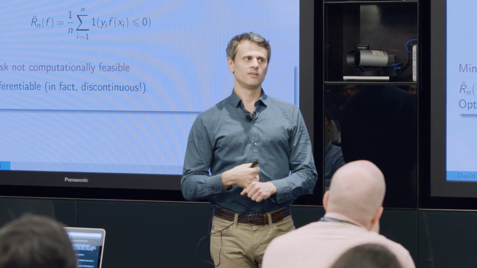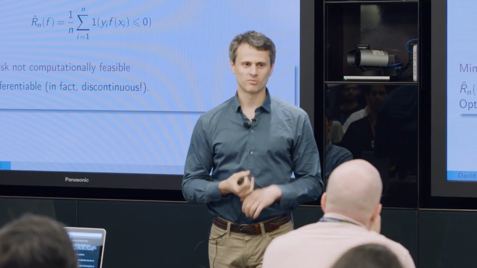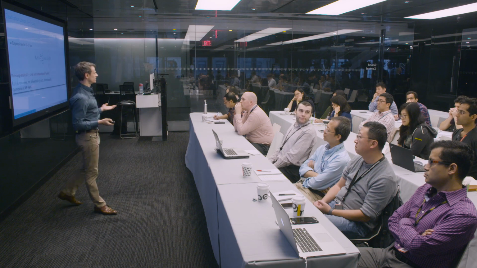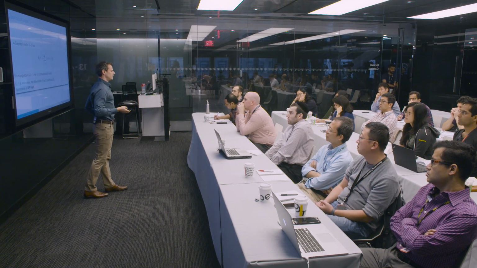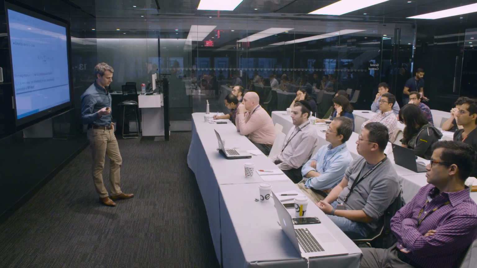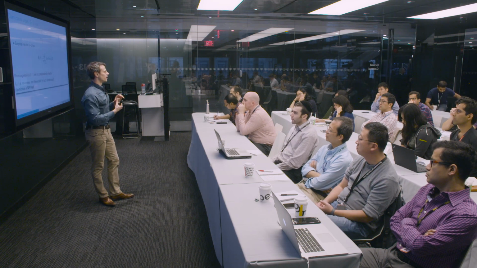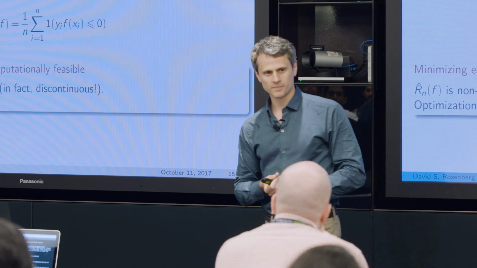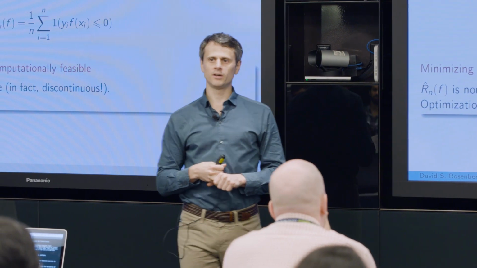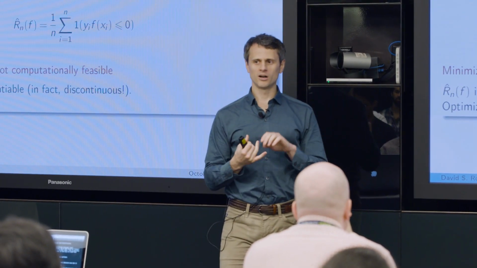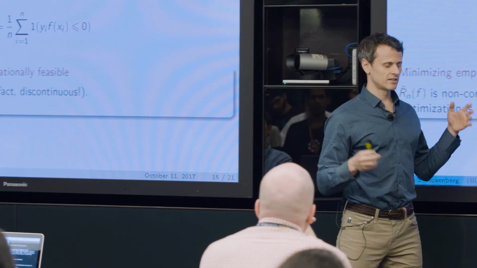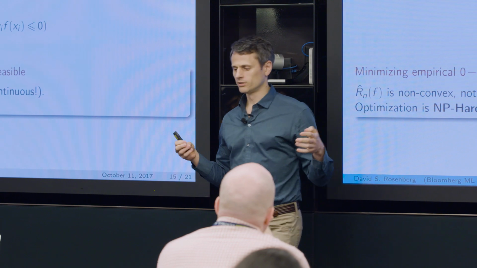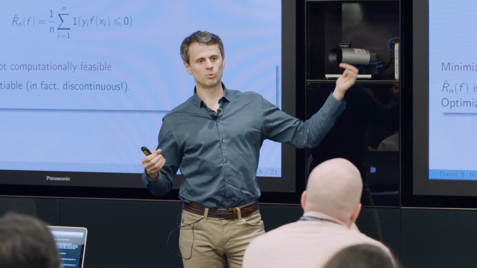Is there any justification that what you end up with actually works in terms of the 0-1 loss? There is a very nice piece of theory on that. The thing to look for is the notion of a classification calibrated loss function, and it turns out that the losses we talk about are classification calibrated. So in some sense, optimizing these surrogate losses will lead to things that perform well in terms of 0-1 loss.